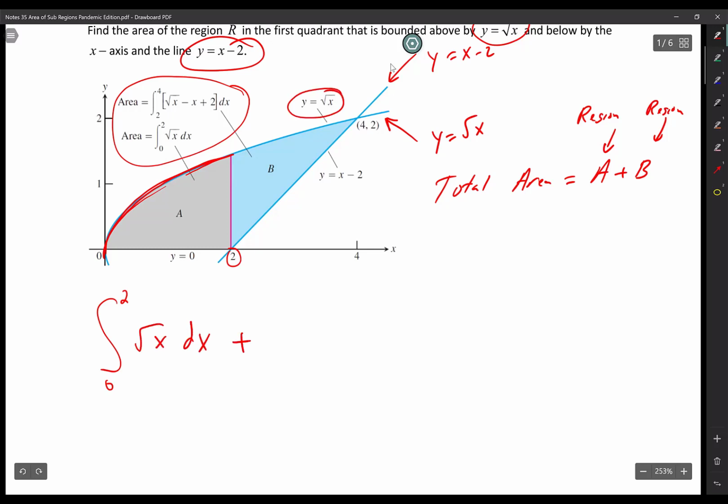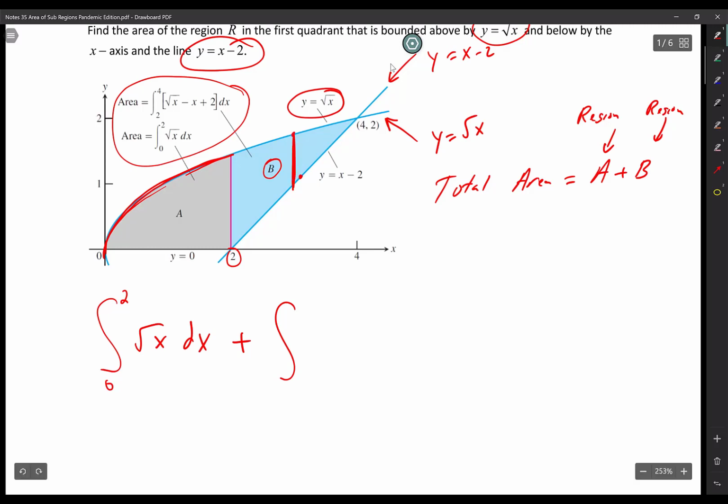And I'm going to add, let's see, what am I going to add? Because I want to add region B here, the area under this curve. Now look, if I have rectangles right here, here's how my rectangle would look. So how do I find that area? We do upper minus lower curve.